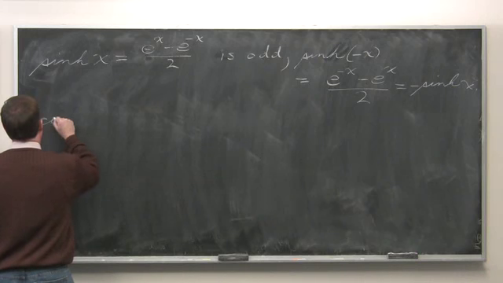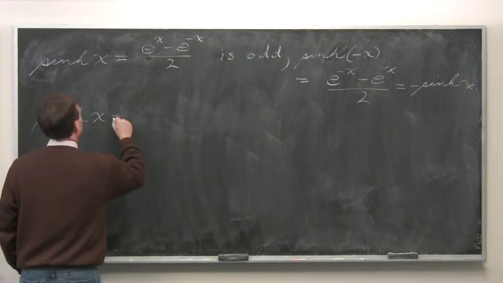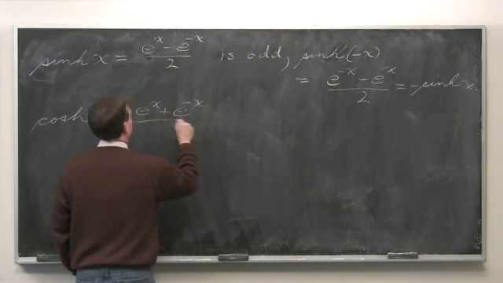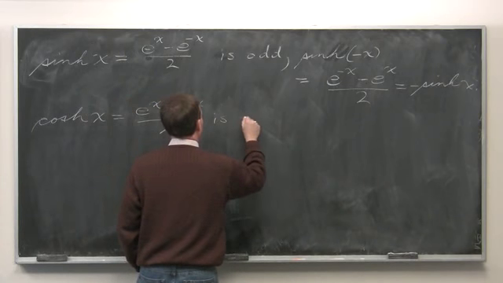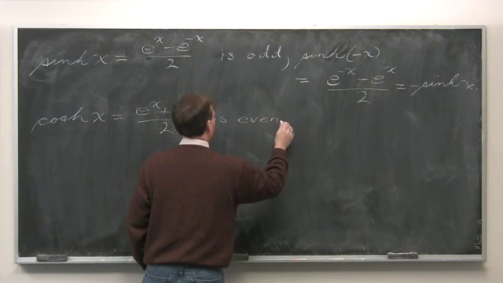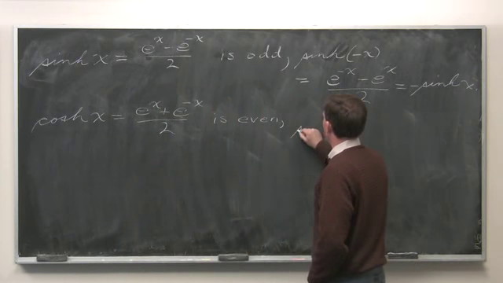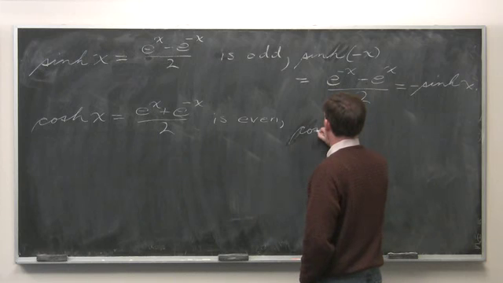Hyperbolic cosine is an even function, because, in fact, I won't even write out a formula for this, well, I guess I will.